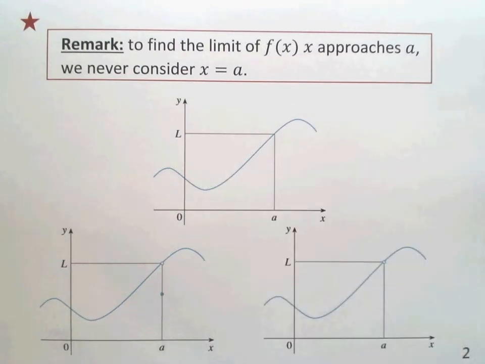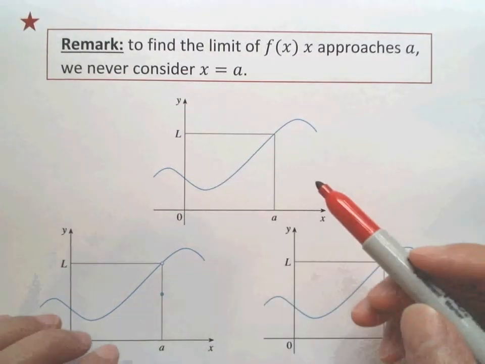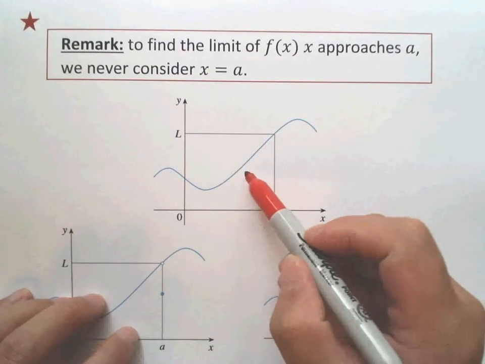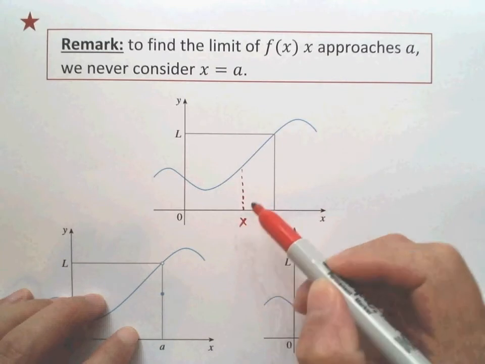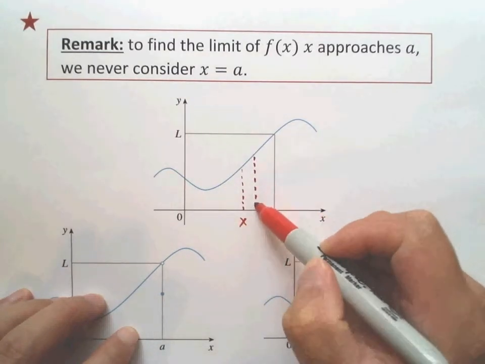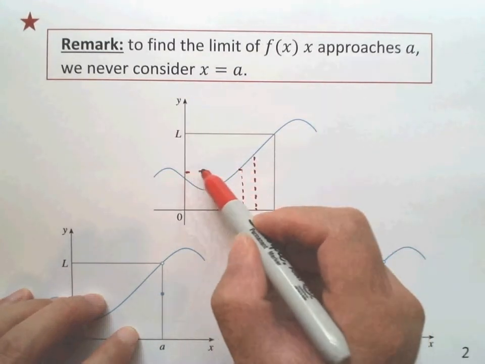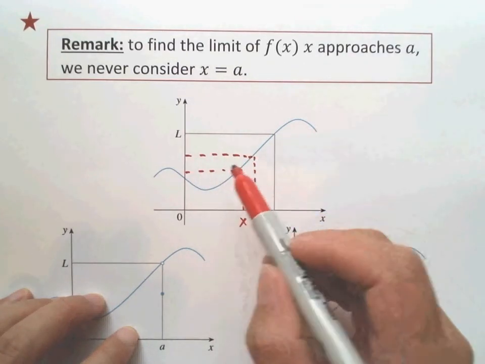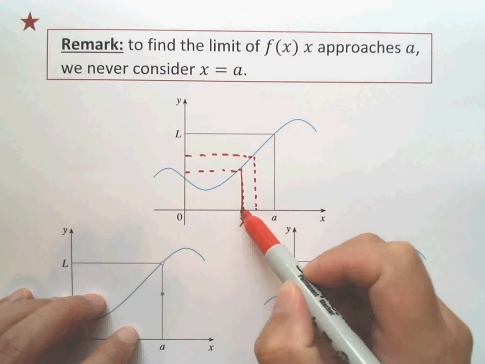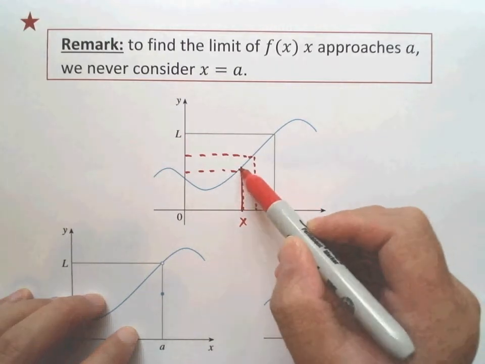Let me show you like this. If x is from the left side, if x is here, you can imagine how high the value is. When x goes here, the value is this high.